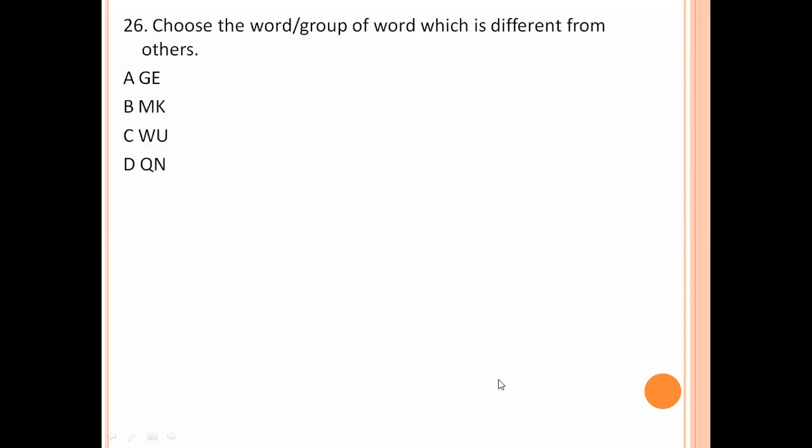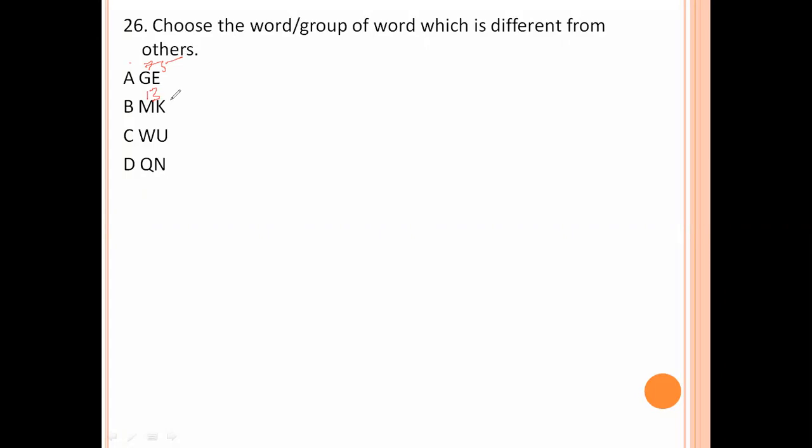Next question. Choose the word or group of words which is different from others. G, E, M, K, W, Q, N. G is 7. Now M, 13.